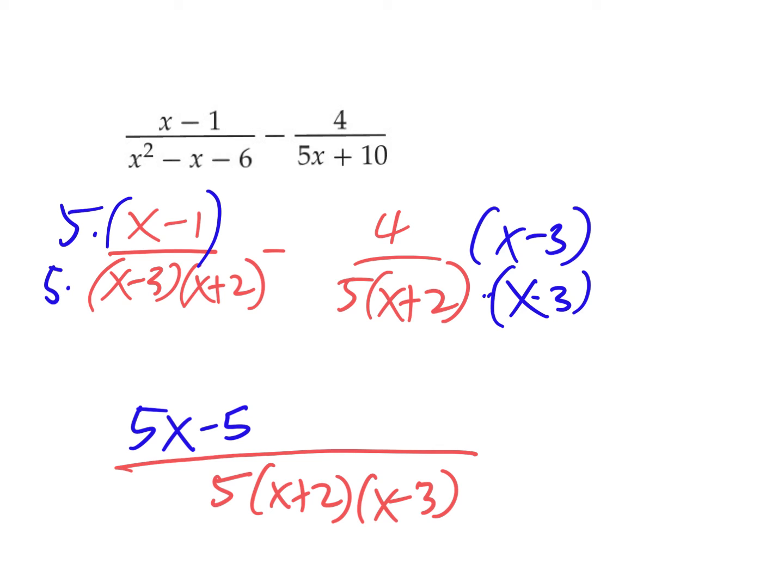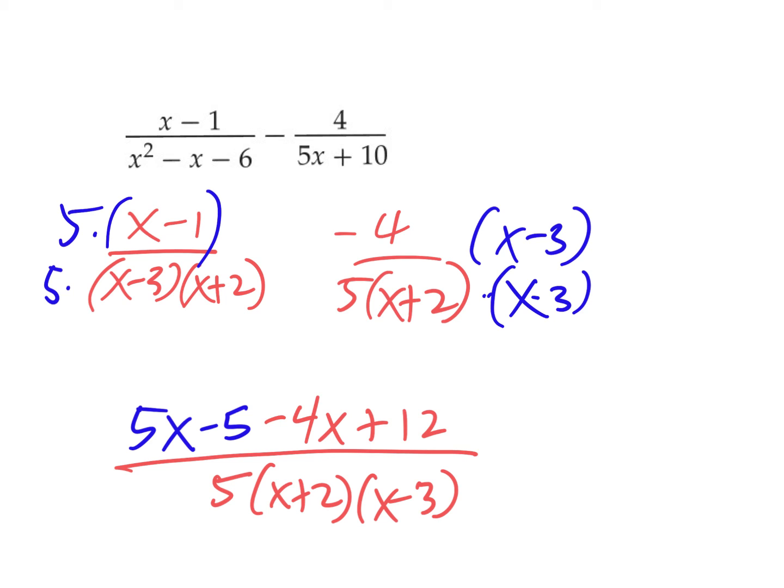So when I distribute that negative 4, I get negative 4x plus 12. Let's see if I can do this. See, I really want to think of it like that. And that way I'll get my sign straight.